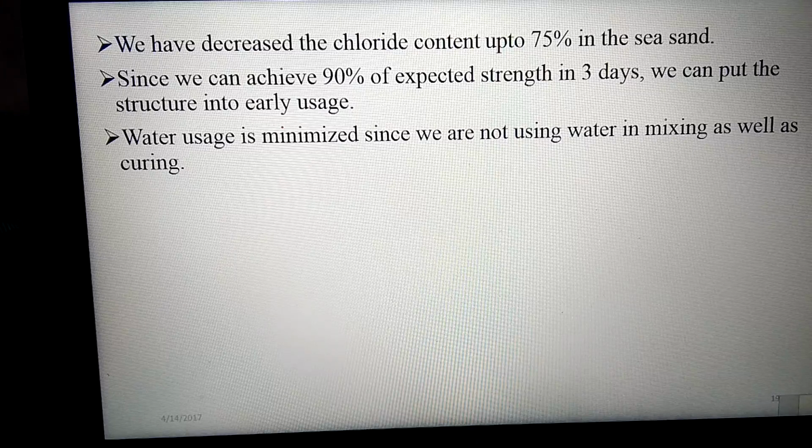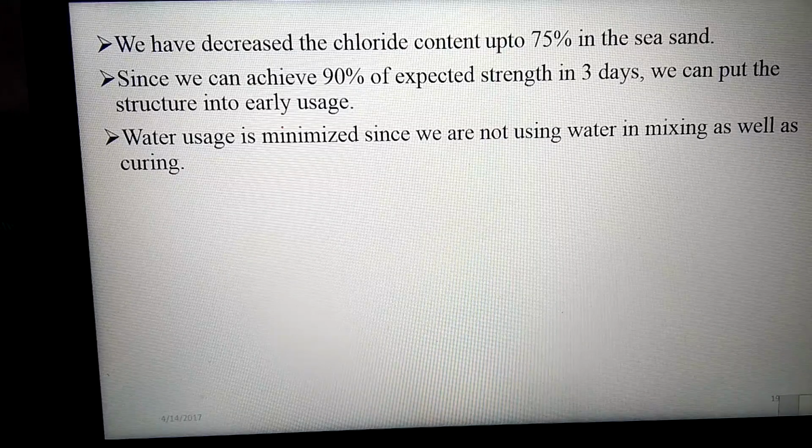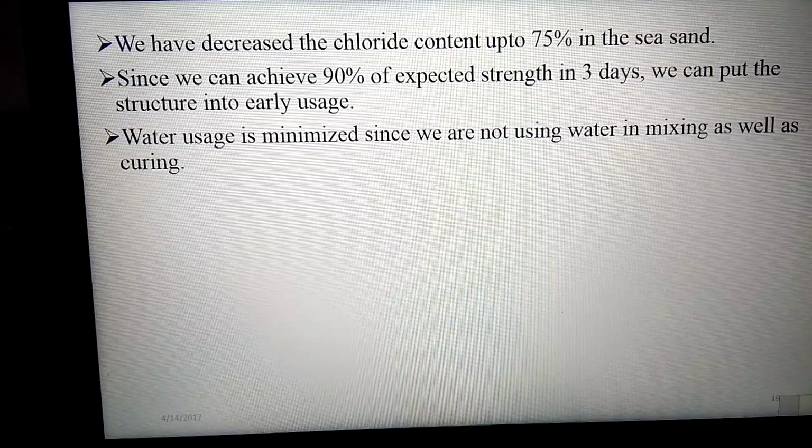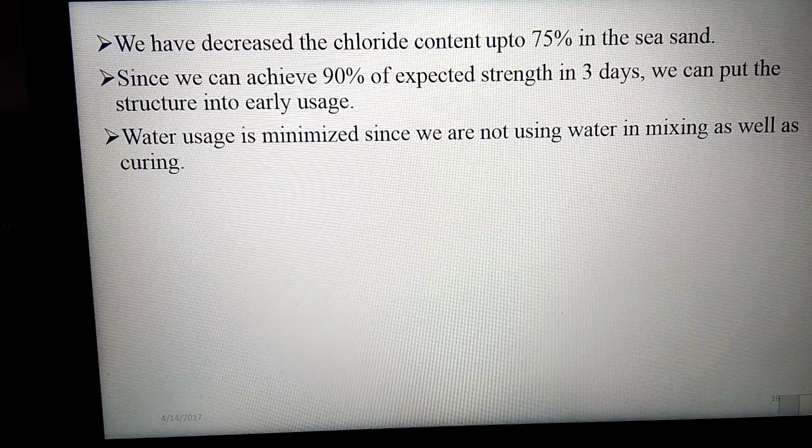For example, we have designed the mix for M25, and at the end of the third day we have achieved 90% of the strength. That means we have achieved a strength of 23 megapascals, so that we can put the structure into earlier usage. And water usage is minimized in our project, since we are not using any water in the mixing process, and no curing is required for our concrete.